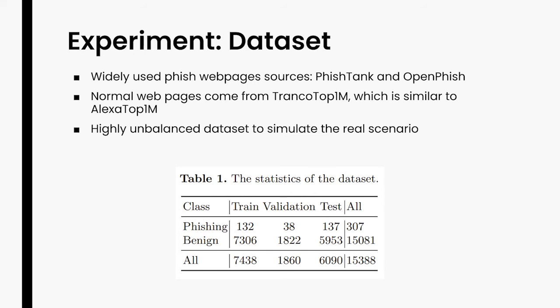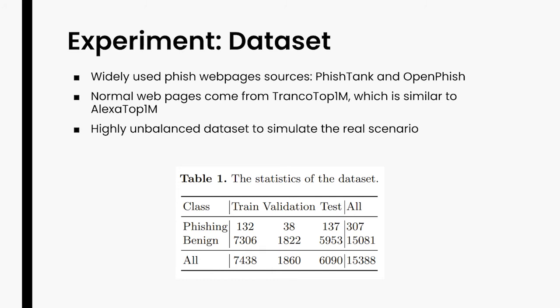To reliably evaluate the performance of the method, we collect a large set of real web pages. The phishing web pages are collected from PhishTank and OpenPhish, which are widely used as data sources in previous phishing web page detection research. For normal web pages, we build a crawler that treats the Tranco Top 1 million as the starting point.